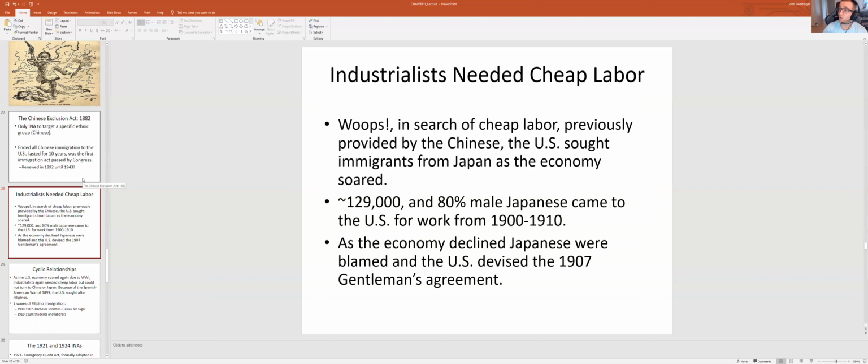But what happens in all economies, right? You have a downturn and then you have an uptick. It's a cyclic relationship of up and down in an economy. So usually when the economy is on a downturn, that's when the newest immigrants to a country are blamed for the economic downfall. We see that in the US media with Mexicans: people coming from Mexico are taking US jobs.